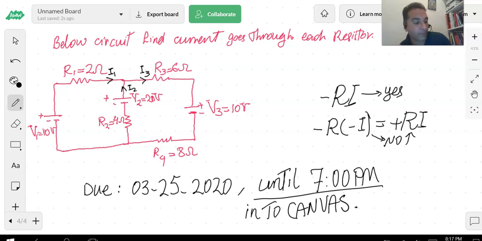Not on my email. It will come to my email, but please send it into Canvas. Do not forget it. So do it again. Please take notes. Write your notes. Assume it's exactly like our class. This is the whiteboard. So whatever I say, write it in your notes for yourself. Practice, practice, practice.